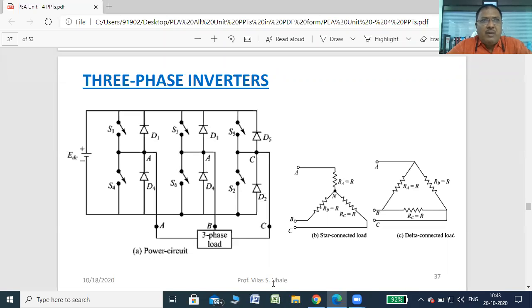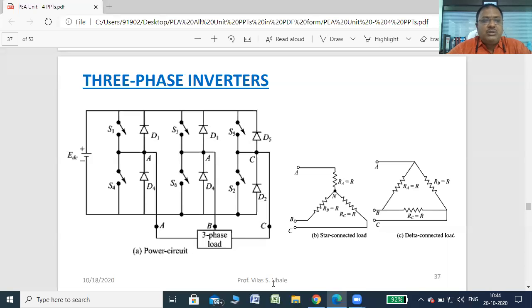For output power greater than 5 kilowatt, we always prefer SCRs. Below 5 kVA, we can use other power devices, but above 5 kVA we cannot use devices like a power MOSFET, power BJT, or IGBT. We don't have any other choice above 5 kilowatt, so we always use SCRs for high power applications.